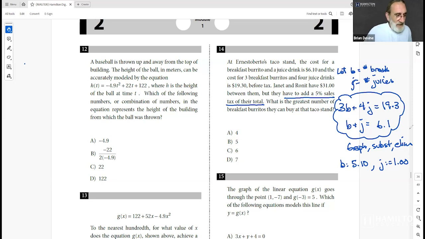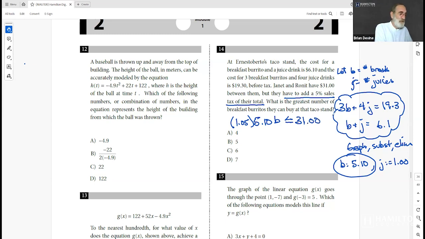Once you find that, you've got to focus on the price for burritos. And I know that if I take the price of burritos times the number of burritos, and then I add in that 5% tax, that's got to be less than or equal to 31.